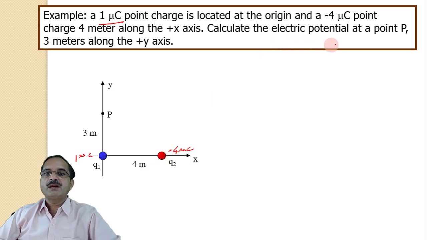Calculate the electric potential at a point P, 3 meters along the y-axis. At the point P we are going to calculate the potential. The potential at point P is the work done in moving a point charge from infinity to point P, and that will be under the influence of these two charges.